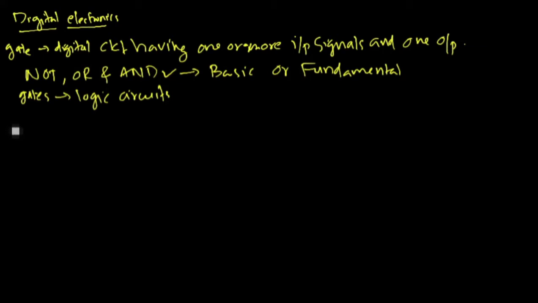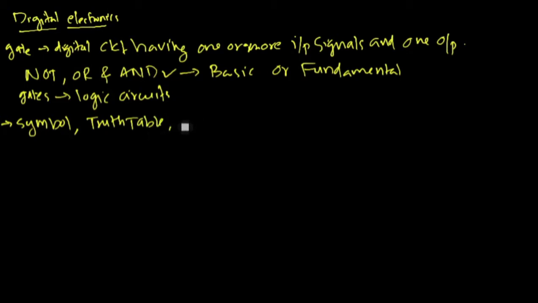While discussing a particular gate, the important things we will introduce are, first, its symbolic representation, the symbol used to represent that particular gate. Then we will discuss the truth table.